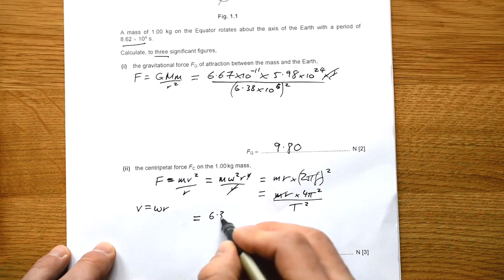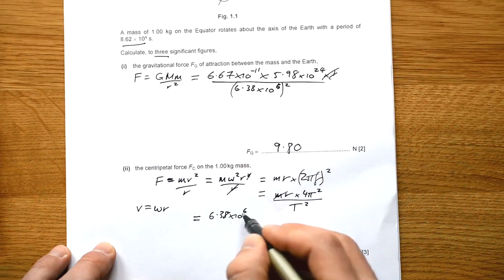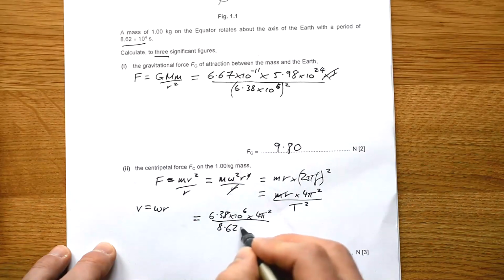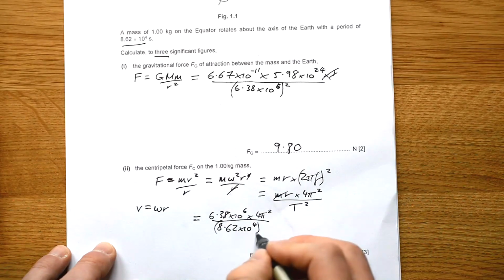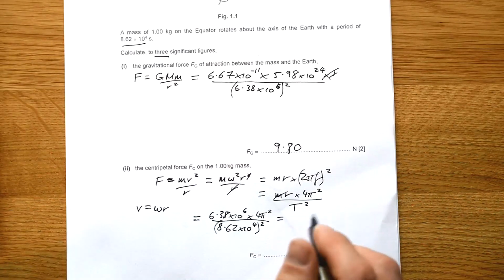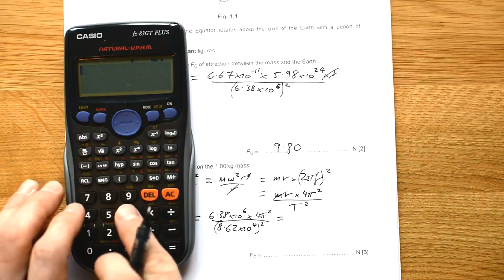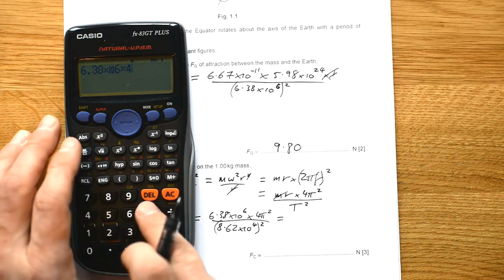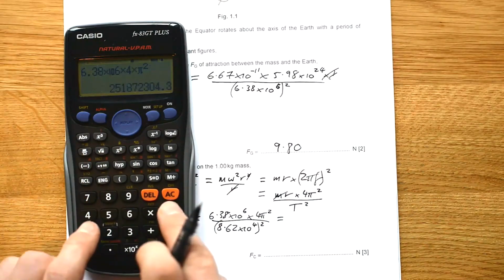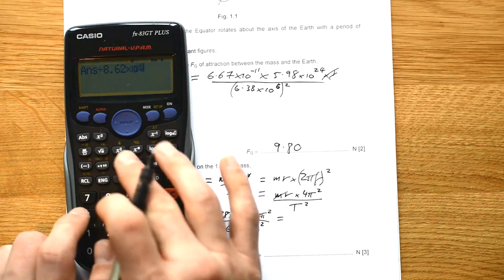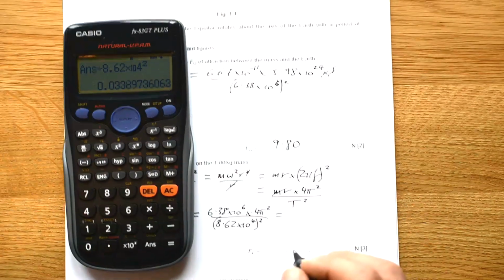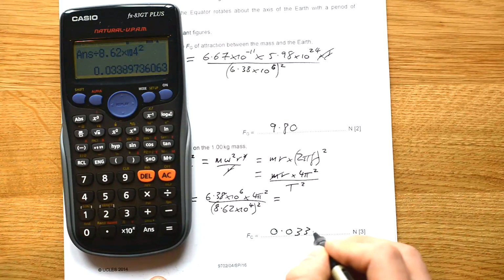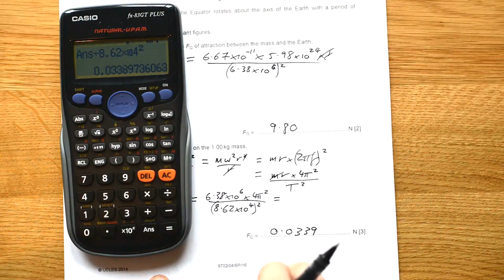So let's take our radius again. 6.38 times 10 to the 6, 4 pi squared, divided by 8.62 times 10 to the 4 squared. That gives us a centripetal force of 0.0339. Again, if we go into 3 significant figures.